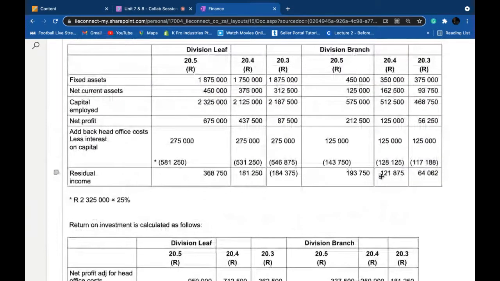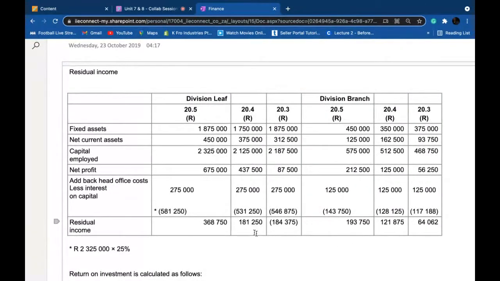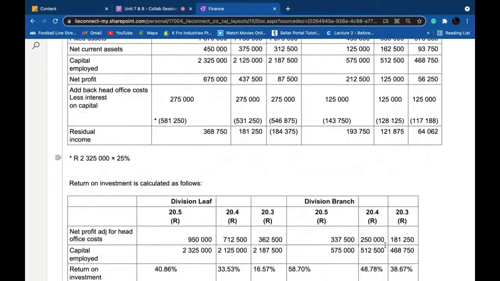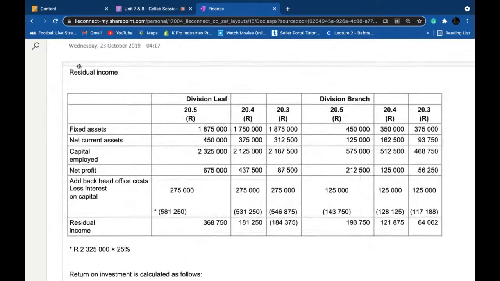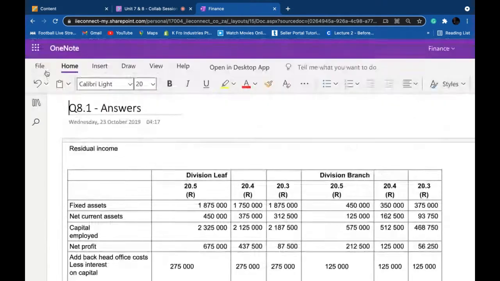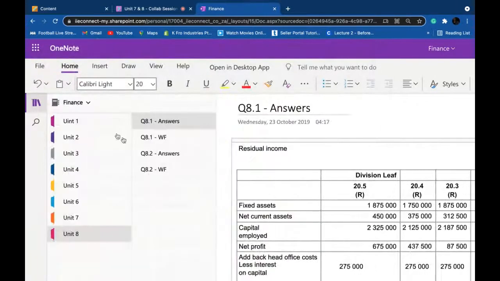And again, remember the residual income: we had a consistent one, and here we had negatives, and here we had quite high. So if you were comparing the two divisions, I know that's not part of the question, chances are you would go with the division branch.